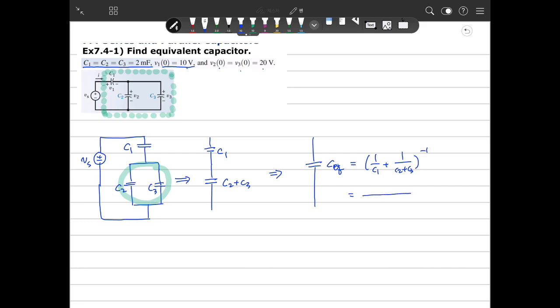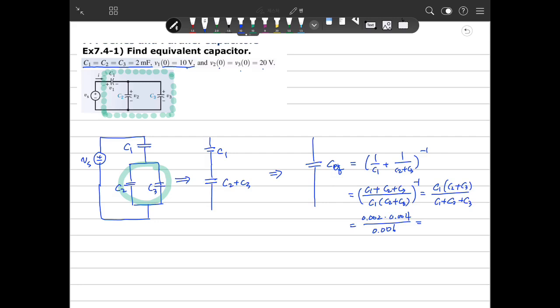So there will be C1 times C2 plus C3, over C1 plus C2 plus C3, the inverse values. So that value, with each capacitance 2 millifarad, is 0.006 and 0.002 times 0.004.